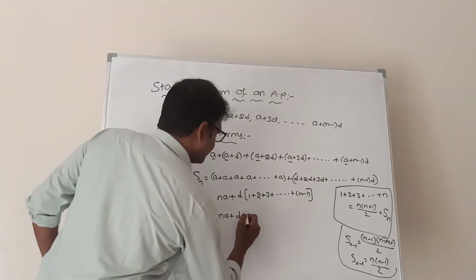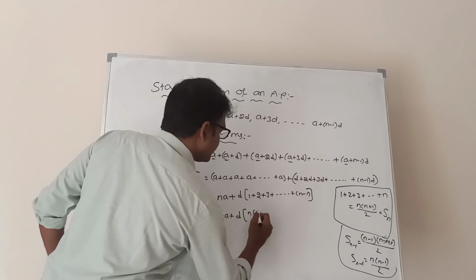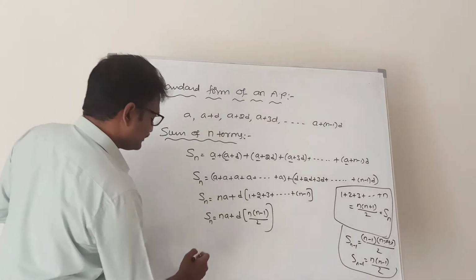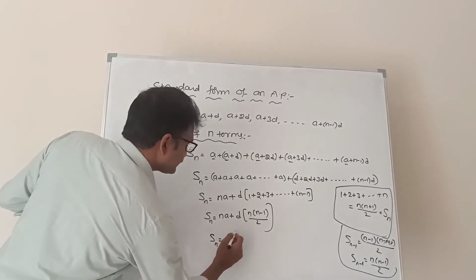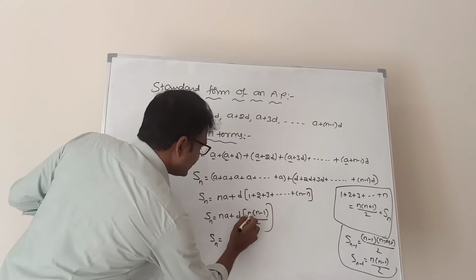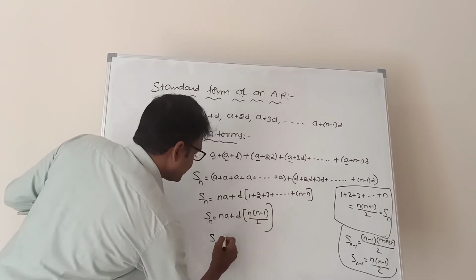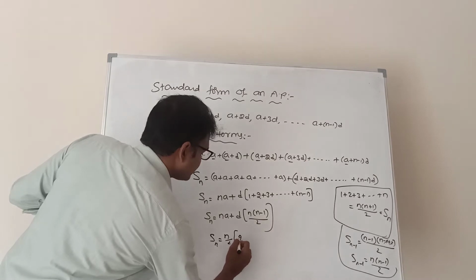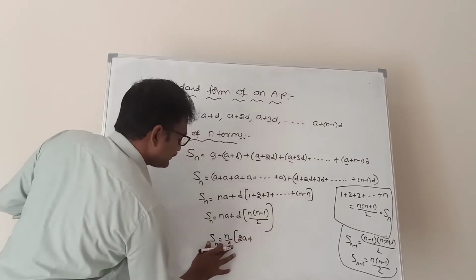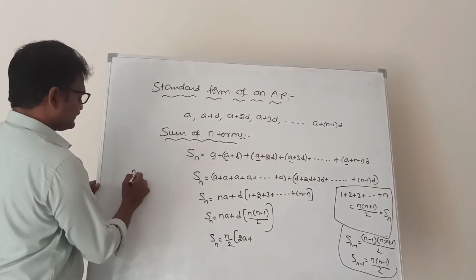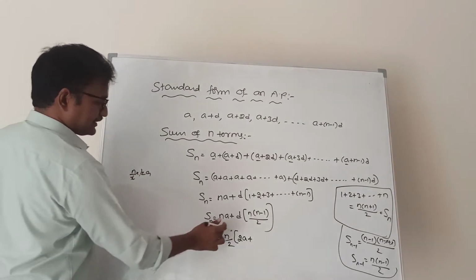So D into n into n minus 1 by 2. Sn is equal to nA plus that. If you take n by 2 common, then you will get 2A here: n by 2 into 2A, the 2 gets cancelled, you will get again nA.